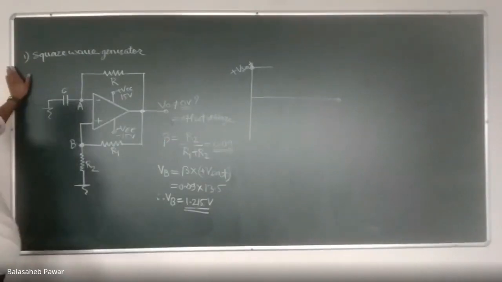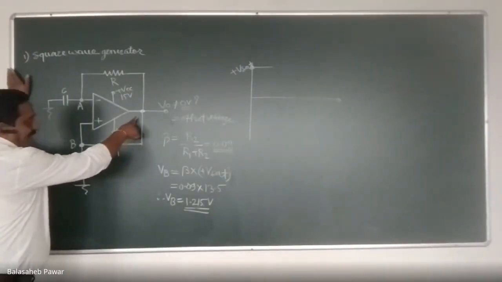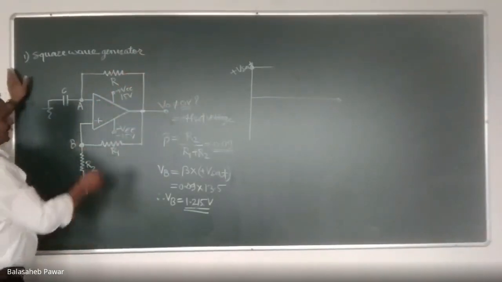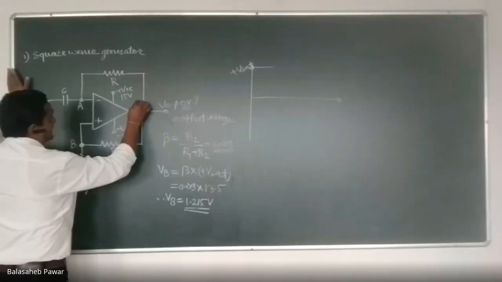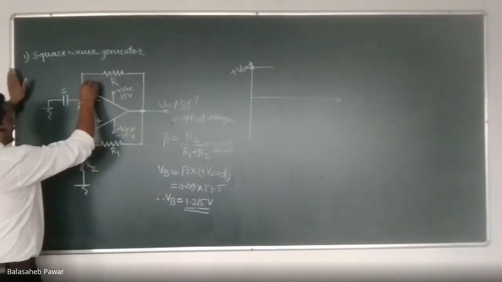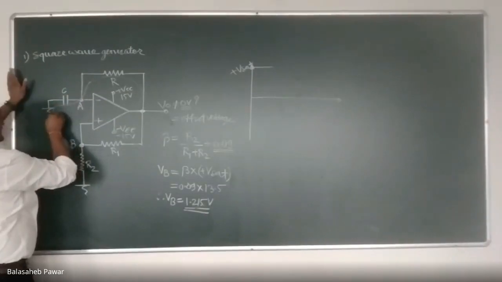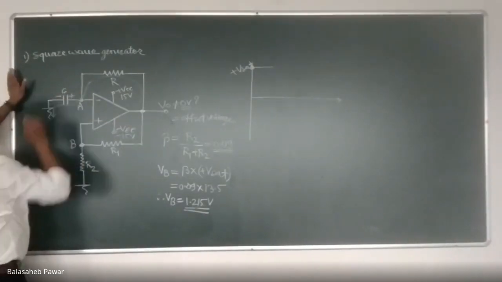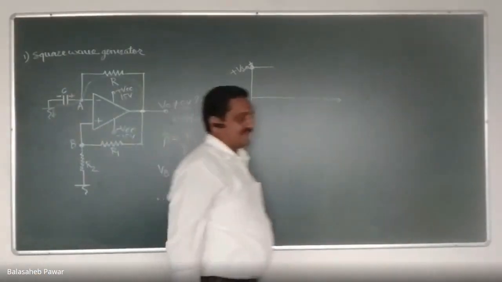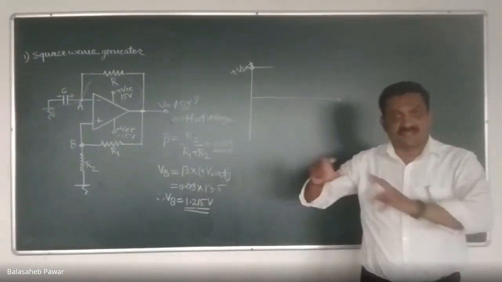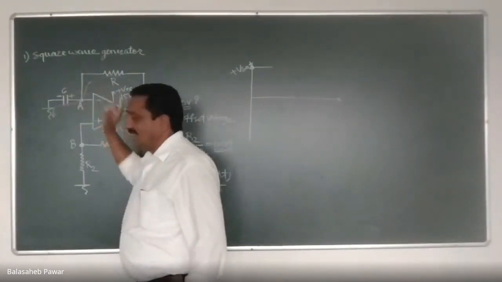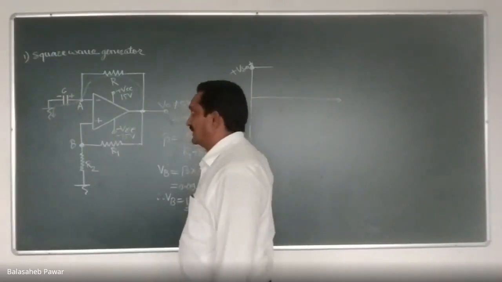Now see, when that output gets switched to plus Vsat, what is going to happen? Some amount of current will start to flow through this feedback resistor R and will start to charge the capacitor. Initially, the capacitor was completely discharged, so it will start to charge through resistor R. Agree?